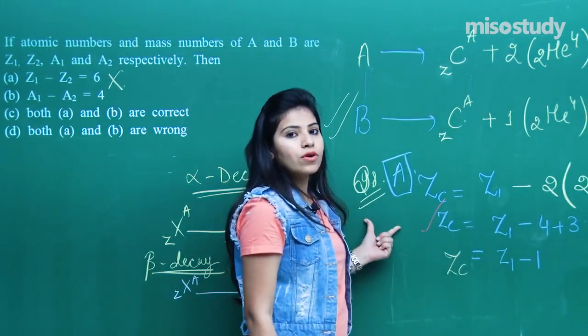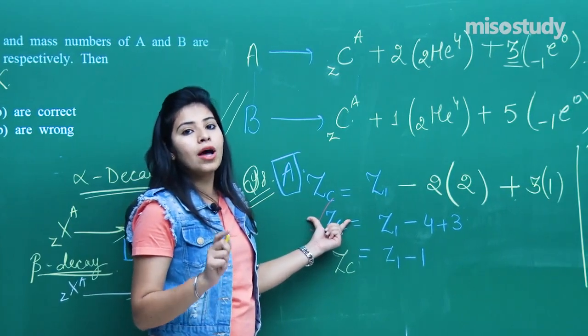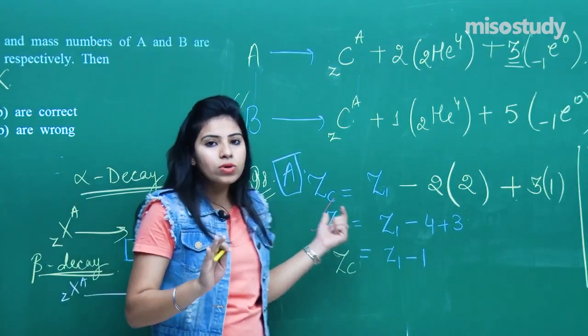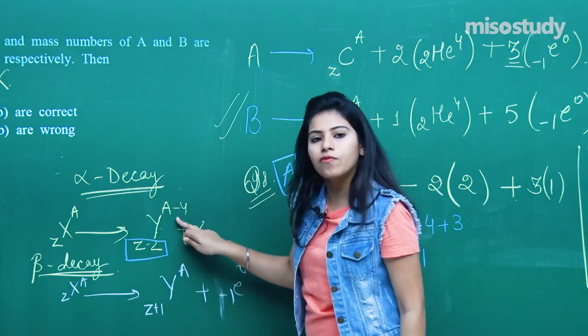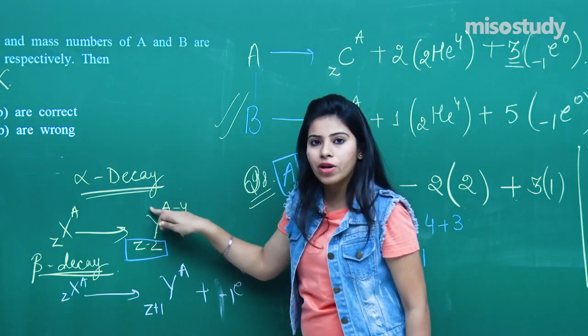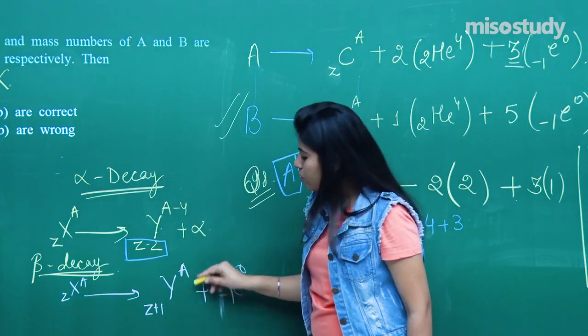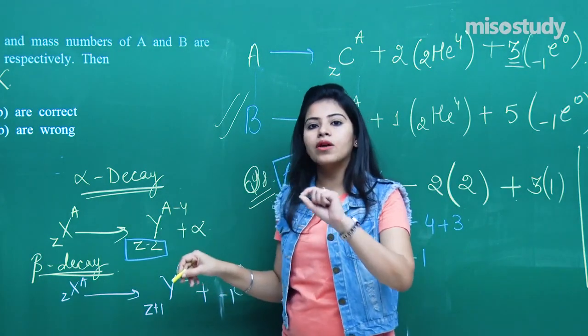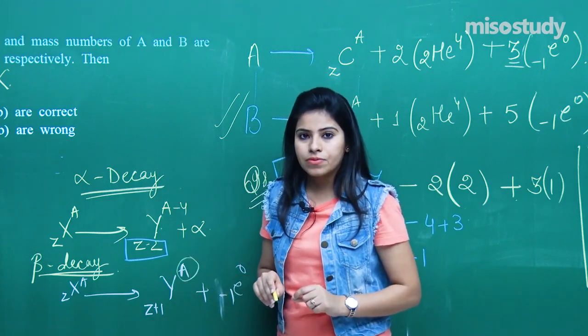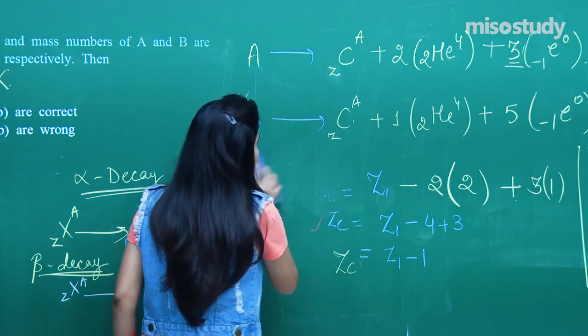Here we have done for the atomic number. Now we are going to do for the mass number. In alpha decay, your mass number will be reduced by 4. But in beta decay, your mass number will not get affected. So definitely we will be doing the same.